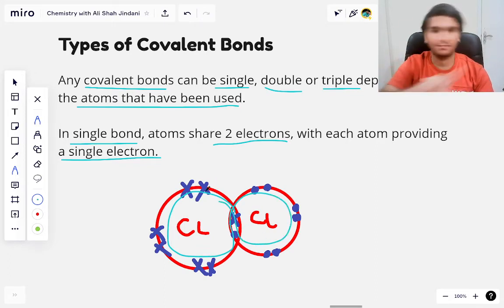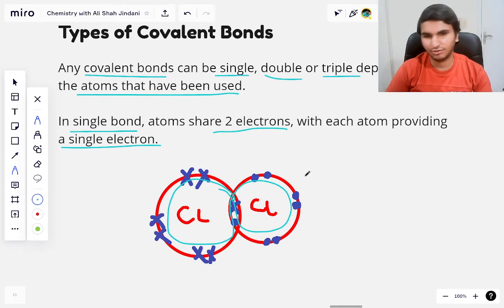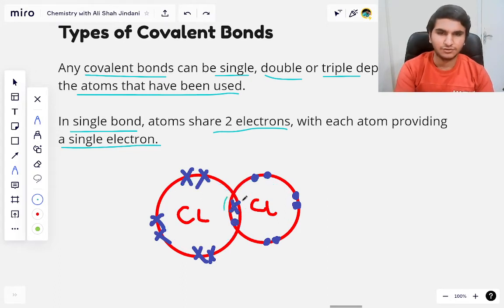So it will be orbiting both the chlorines and both will be satisfied. So it is like sharing, right? We call this sharing. So this is the single bond. Why do we call it a single bond? Because both of the chlorines are providing a single electron in the center, in the sharing part.